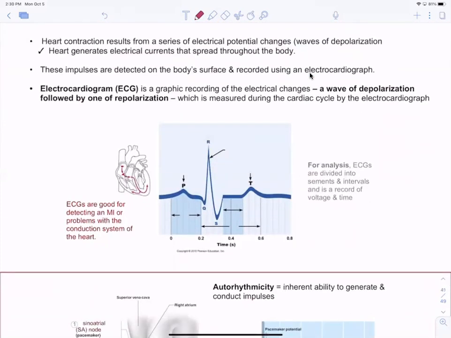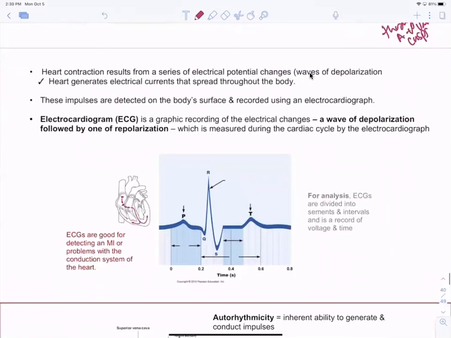EKGs or ECGs, K was for the German spelling of cardiac, and we spell cardiac with a C, so it's ECG. It's just looking at the electrical current. So the electrical current, your cells should depolarize here at the SA node, and then that wave of electrical current goes down to the AV node, and then the wave goes down through the interventricular septum and then up the left and right myocardial walls.